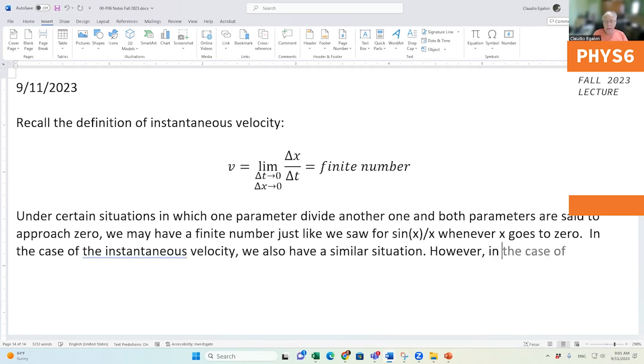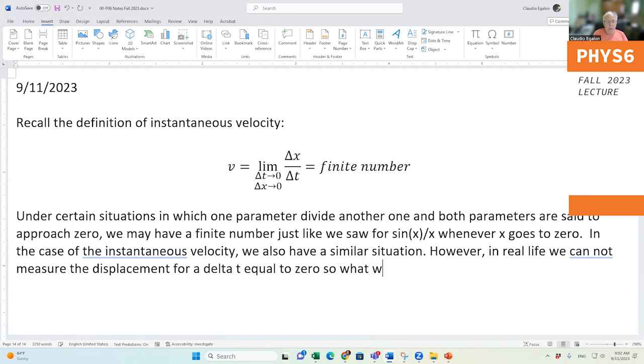However, in practice, in real life, we cannot measure the displacement for a delta t equal to 0.